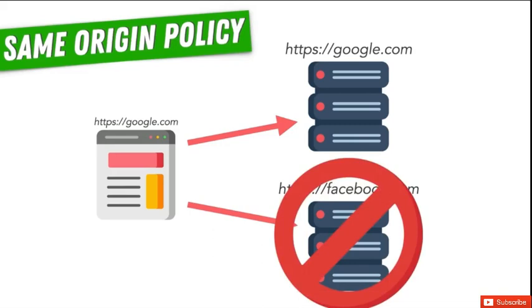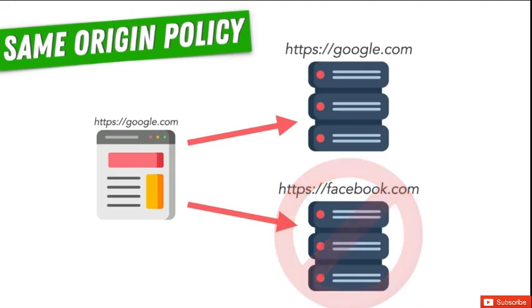Now there is an exception. Writes that cross origin servers, so from google.com to facebook.com, are often allowed, even with the same origin policy. Writes include things like post requests, where you submit some data to the server. These are allowed because they don't risk your data from Facebook being leaked to Google.